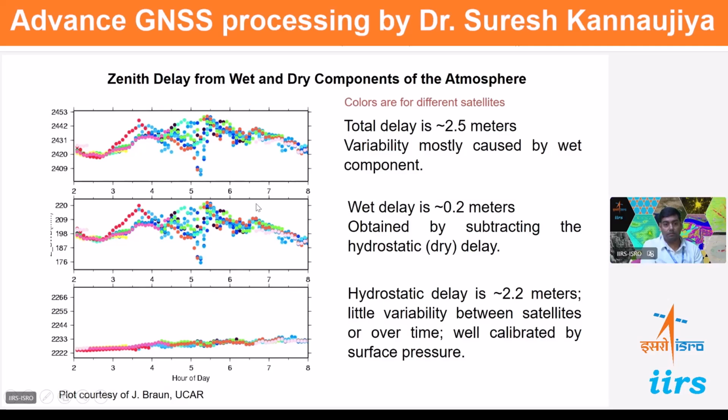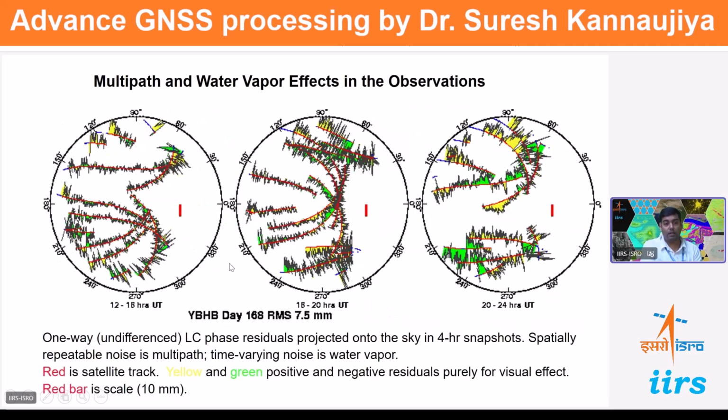Okay, and you can see here the multipath. So this is the scale, and this red curve is basically the variation. You can see the satellite track, and along this track how much multipath has been created. You can see that.